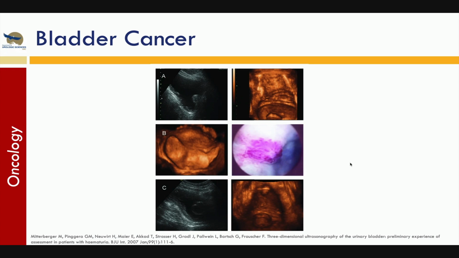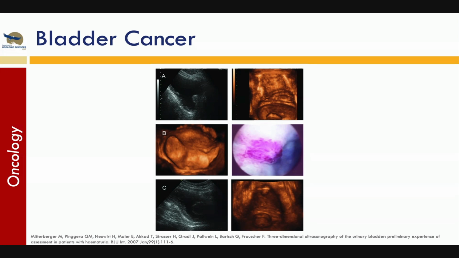On B, there is a cystoscopic image of a papillary tumor. This tumor is on the trigone, and on the 3D ultrasound, you can see a little bit of a ditzel on the trigone, which corresponds to this tumor. And the last image I had shown earlier, but you can appreciate that there is a tumor at the bladder dome, which I could not see on the simple grayscale images.